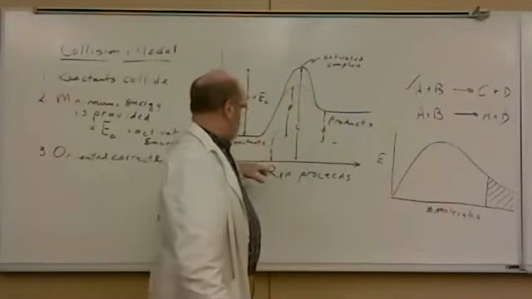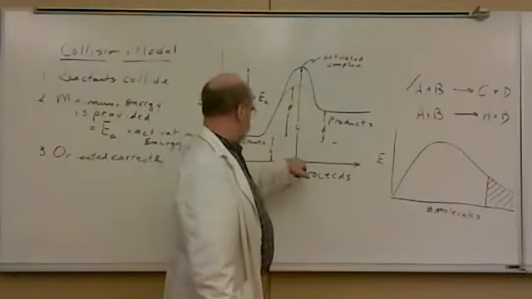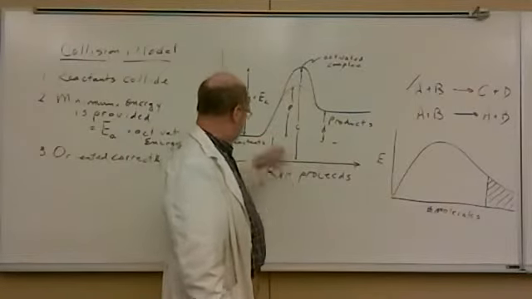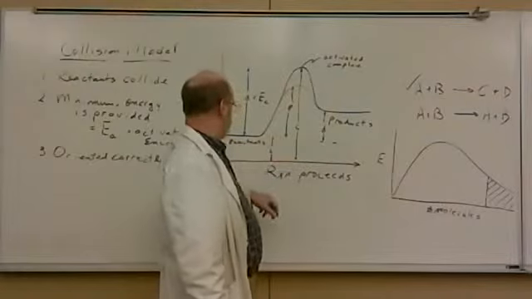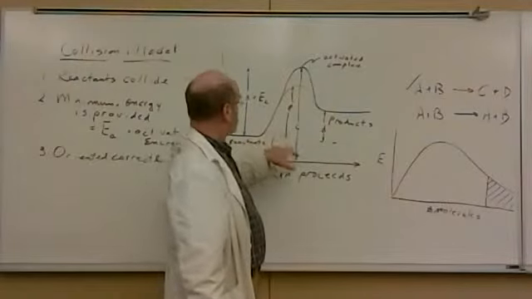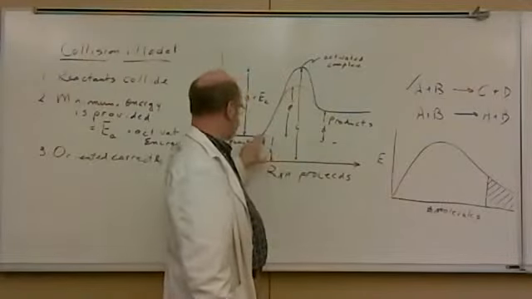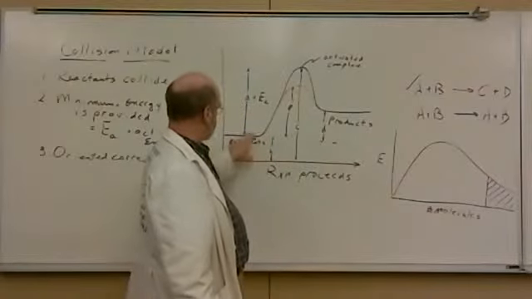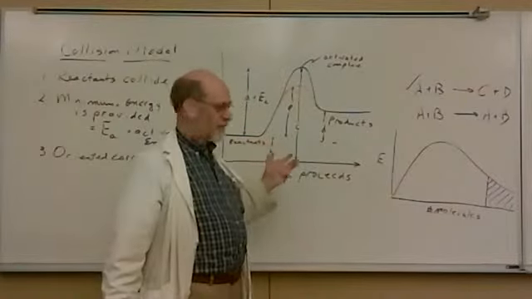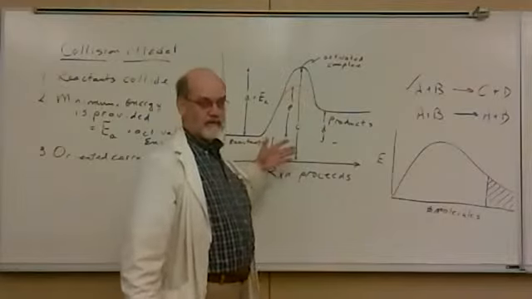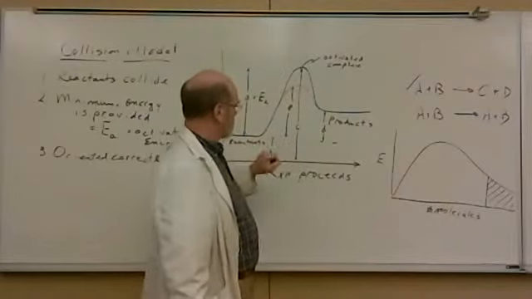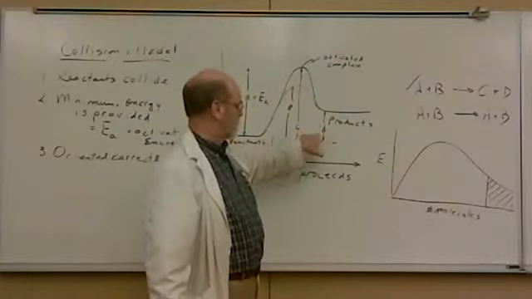So what do these others mean? Well, this is just total energy from some zero baseline of the activated complex. This is the total energy of the reactants as they begin. Those are not as important as this one and that one.